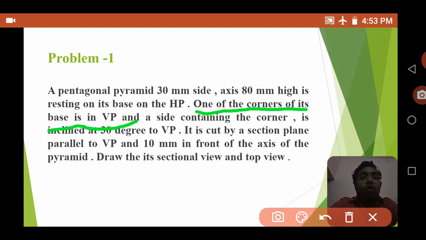That is the first point. One corner is in the VP, and the side containing that corner is inclined 30 degrees to VP.